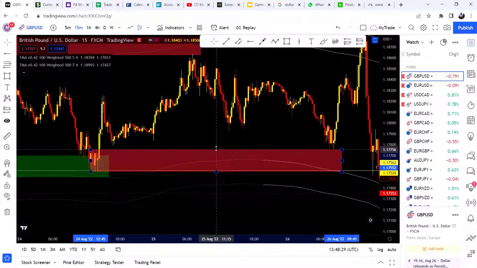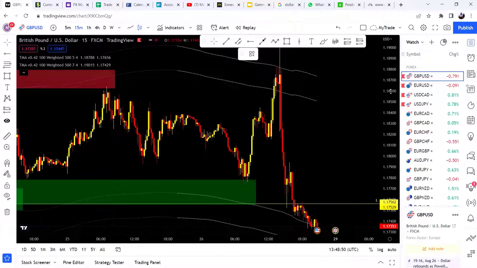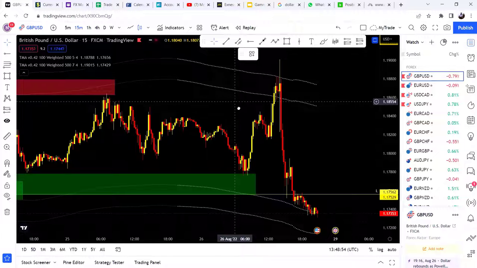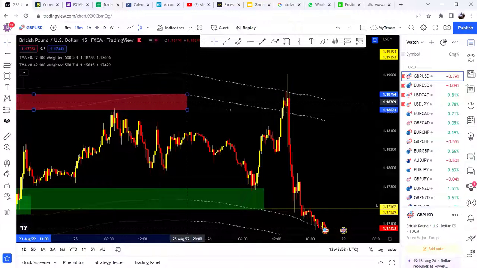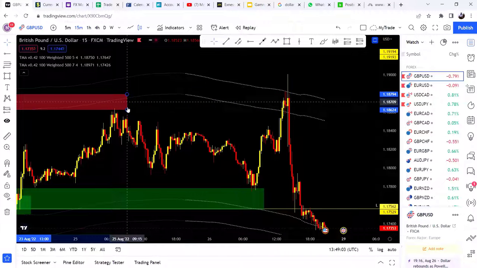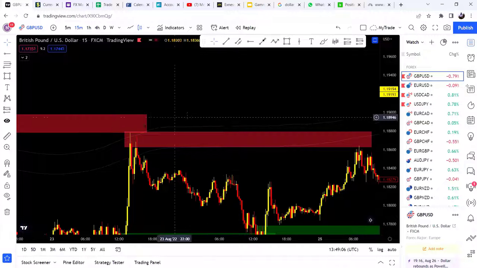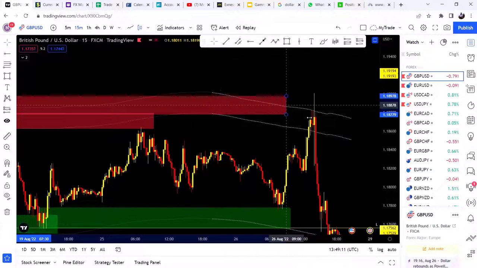It respected the top of this one. Then price pushed upwards in this direction. Then it's violated, obviously, violated. It's around the same place, but I think there is one zone higher that is cool to use than this one.